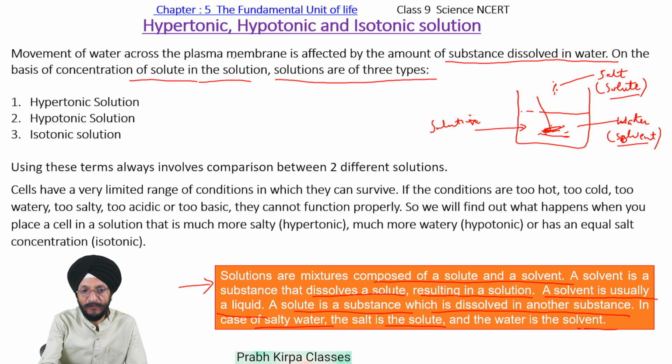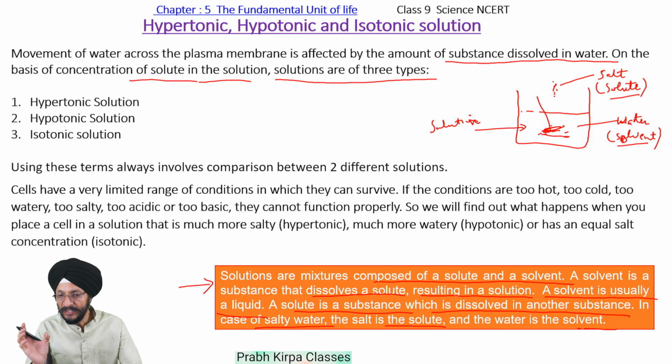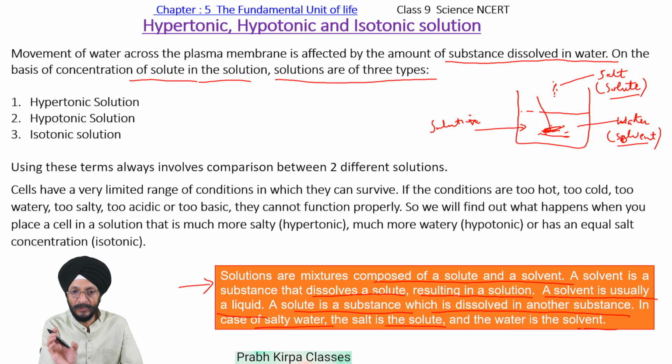On the basis of the concentration of the solute, that is, what is mixed in the solvent, solutions are of three types: hypertonic, hypotonic or isotonic. Whenever we use the terms hypertonic, hypotonic or isotonic, we involve a comparison between two different solutions.